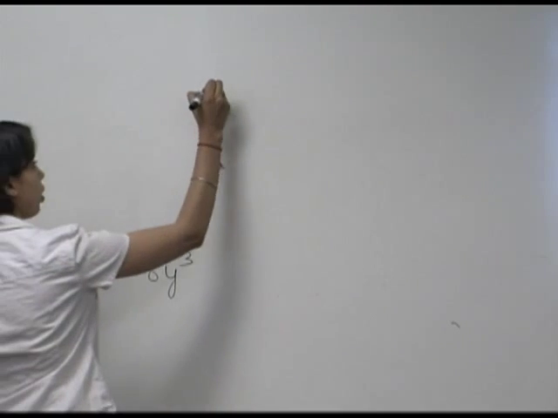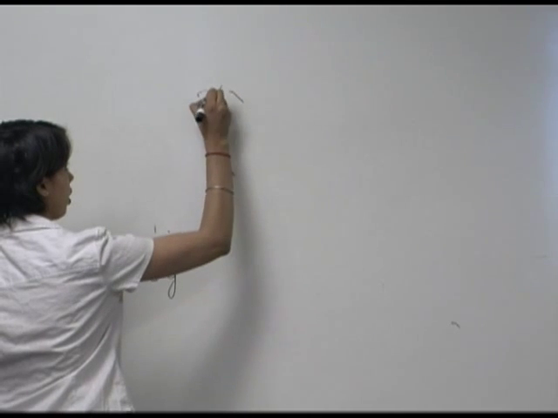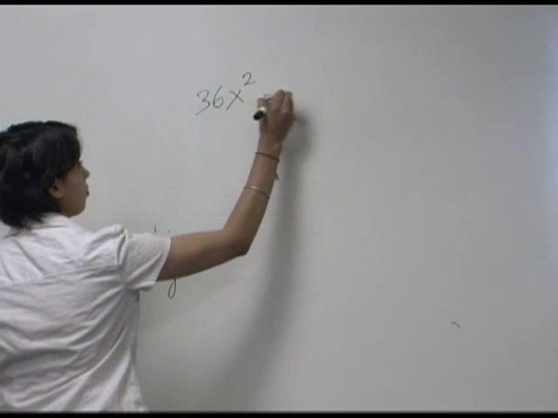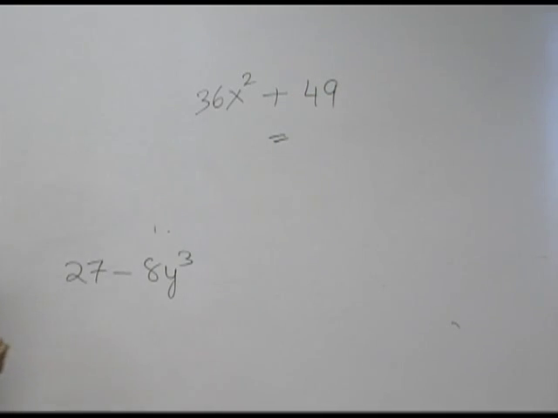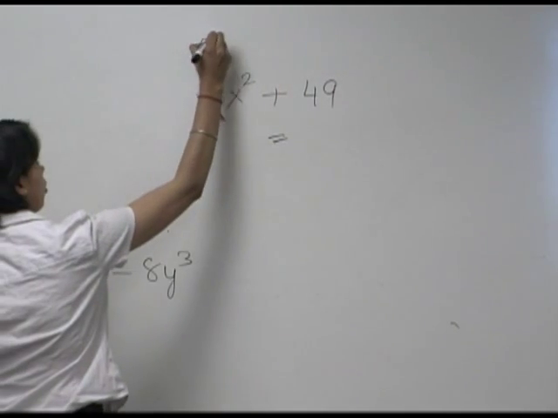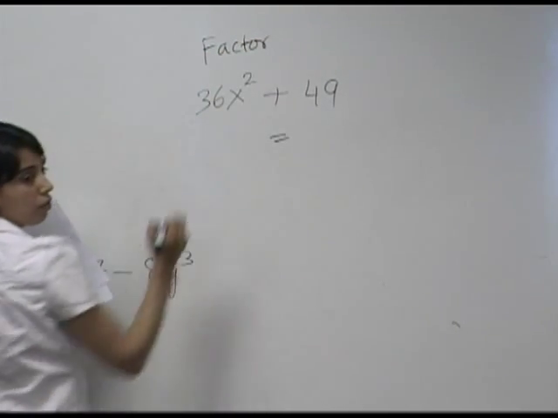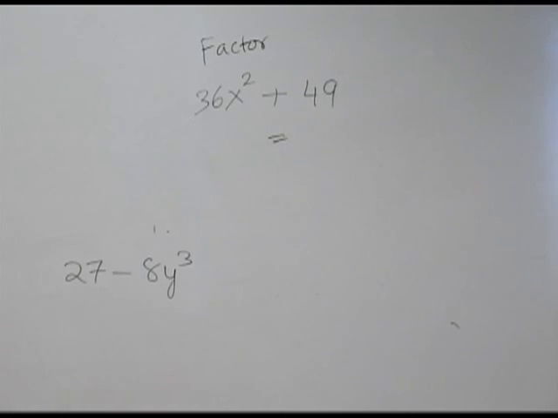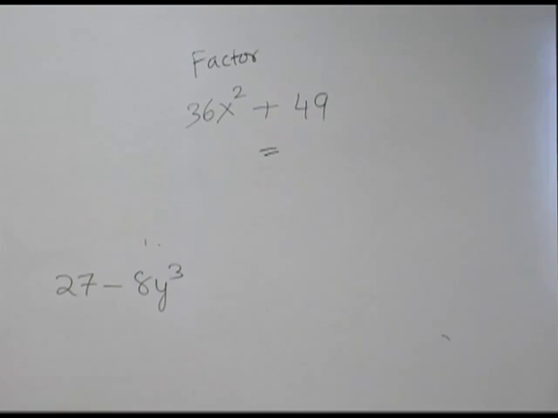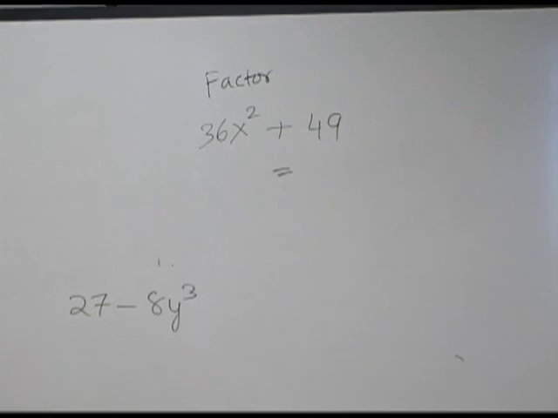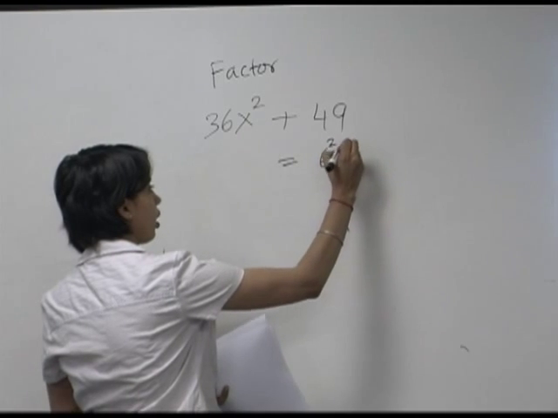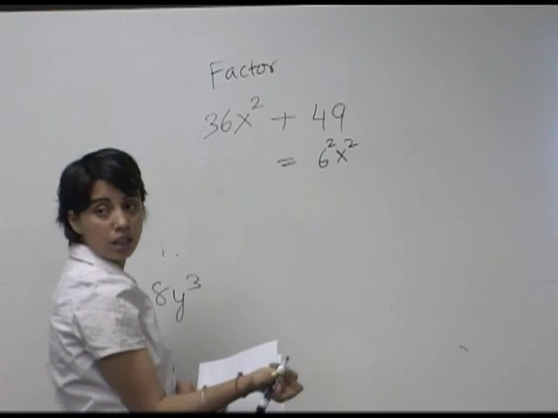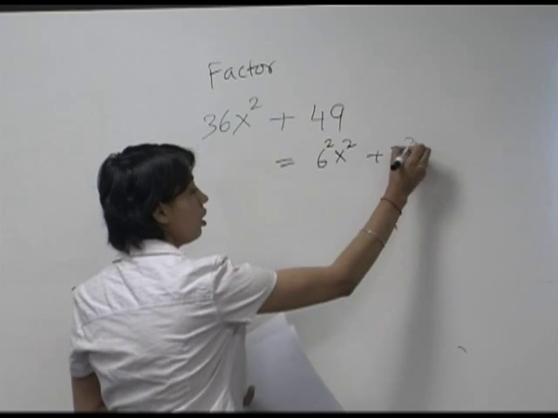Alright, if I have this one, before I do the next, let's say, can I factor this out? How can I factor this out? Okay, 6. You want me to write 6 squared x squared, all right? Plus 7 squared. Plus 7 squared, all right?